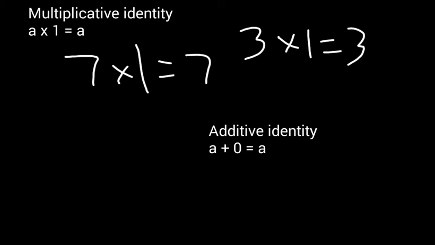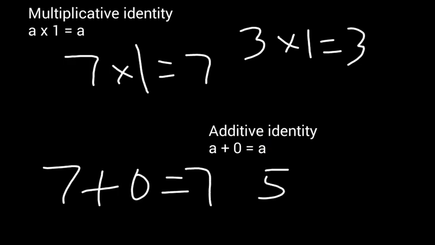Multiplying it by 1 gives it back its identity, its original identity. Additive identity works the same way. A plus 0 equals A. 7 plus 0 equals 7. 5 plus 0 equals 5. Adding 0 keeps its identity.